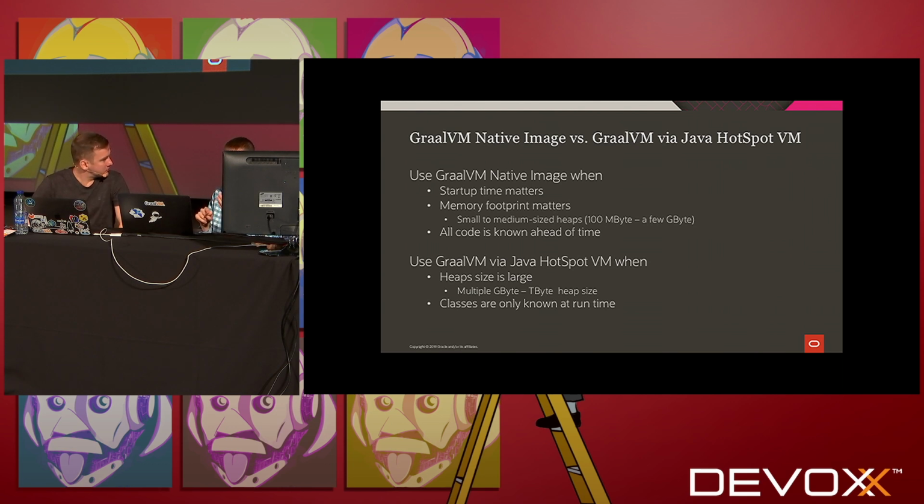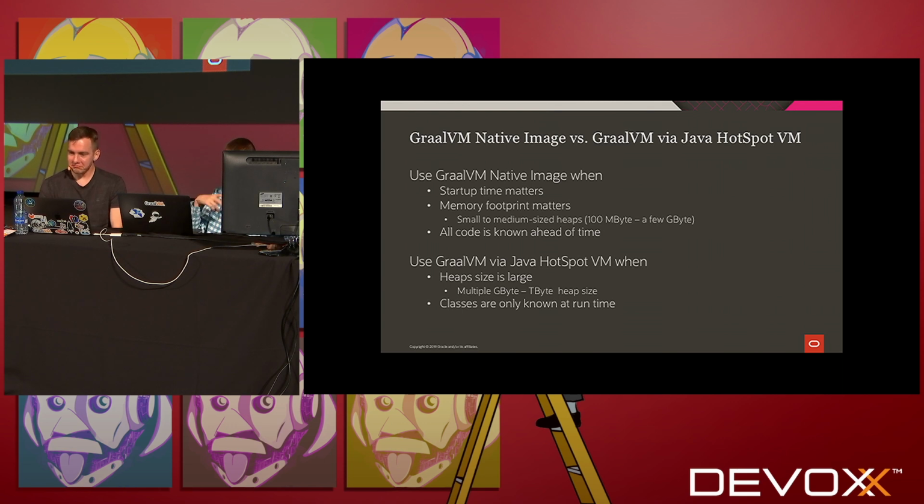So this data correlates with the size of your application, meaning the amount of code that your application is loading. So if you have a large application with many dependencies and very large jar files, the memory footprint advantages of native image are larger. If you have a small amount of code that you're loading, memory footprint advantages are smaller.